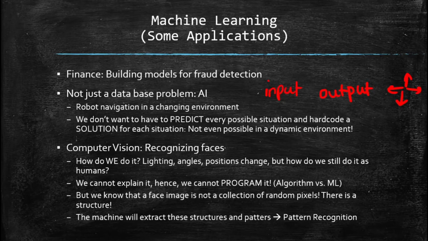So remember, how many types of situations are we dealing with here? Meaning, how many types of environments could we be dealing with if you want to build a navigation robot? Infinity, right? It's not limited, right? We can't predict every possible situation and hard code its solution into our machine, right?